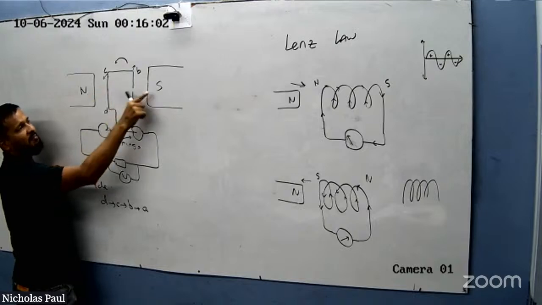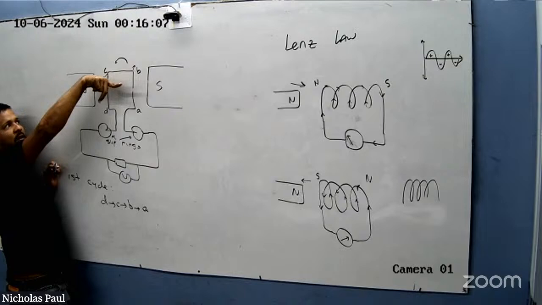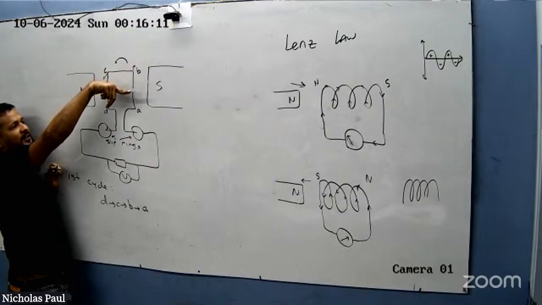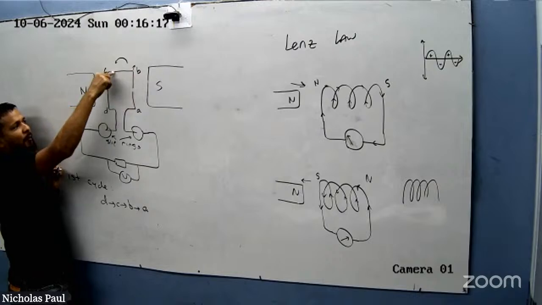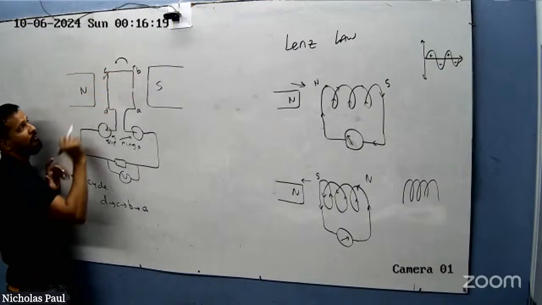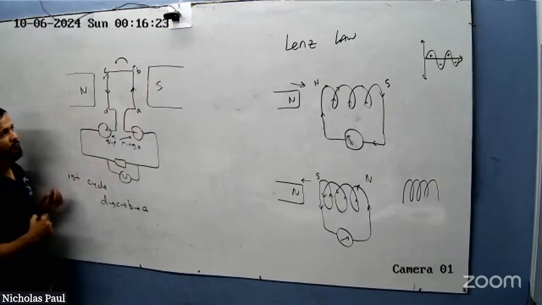I still have magnetic field going that way, right? Magnetic field going north to south, and the force going down, right? So therefore, current coming from C to D now. Current coming down like that. Current going up here, right?